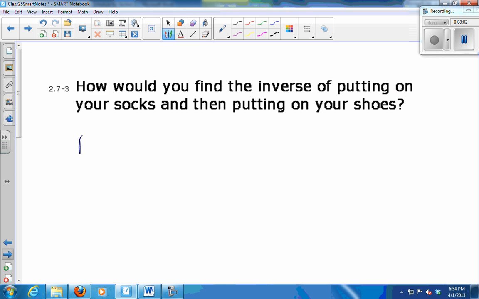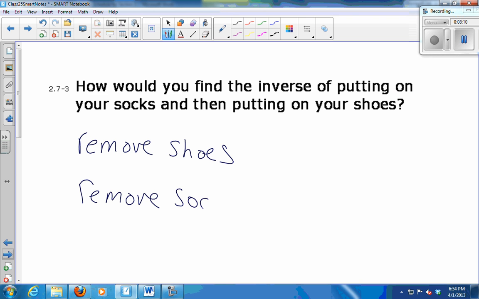So you have to remove shoes, then remove socks. Undo each move you did in the reverse order of how you did it the first time. Same thing with math. Look at what you did, undo it in the reverse order that you did it.